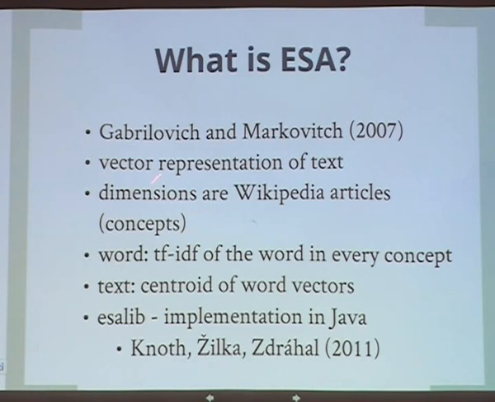These concepts, or dimensions of the vector, are Wikipedia articles, and the weights are calculated as TF-IDF, term frequency inverse document frequency, of the word in every concept. If we have a larger text, we collect the vectors for every word and compute the centroid of these vectors. I used ESALib, the implementation in Java. Check it from Lukáš.